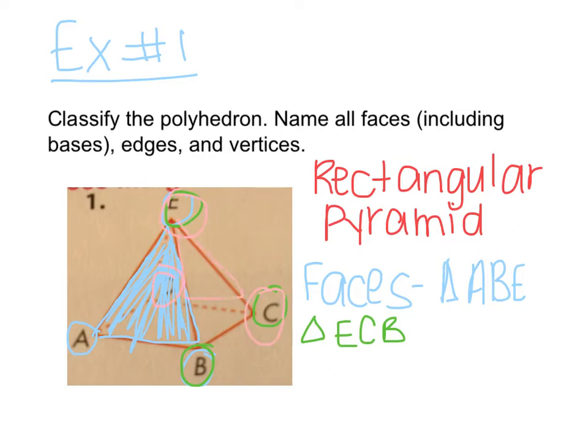So this would be like the other side over here if you were to flip the figure over. So we have C, E, D. And then we also have A, D, E.